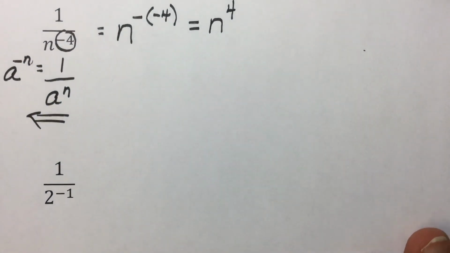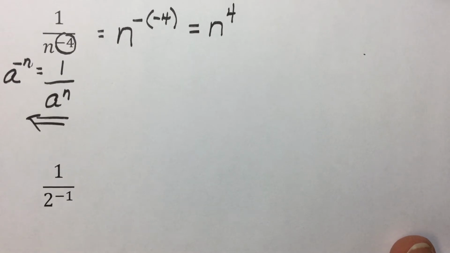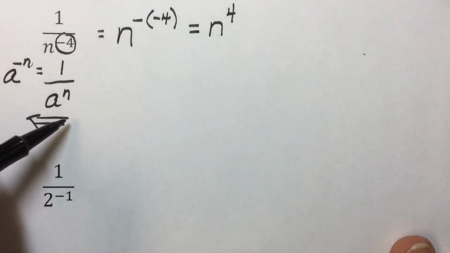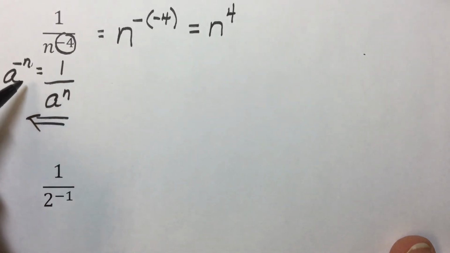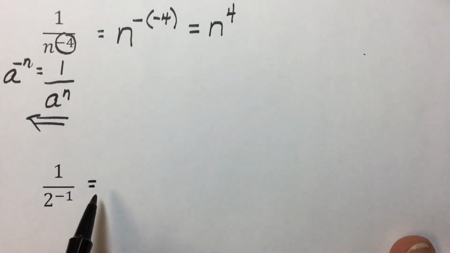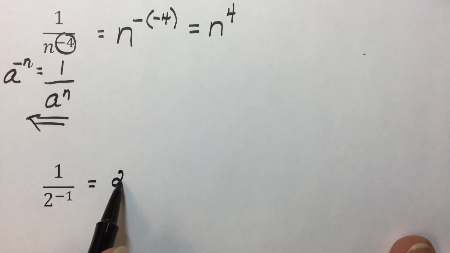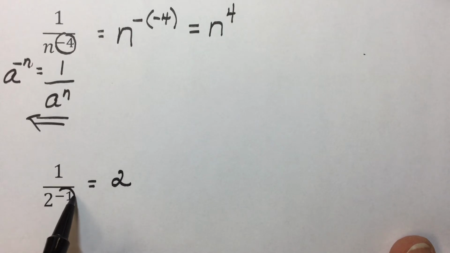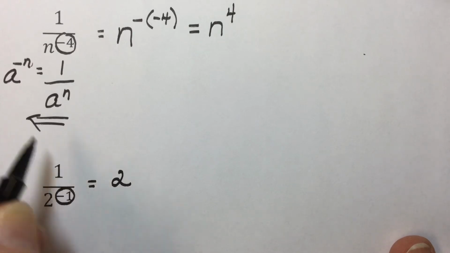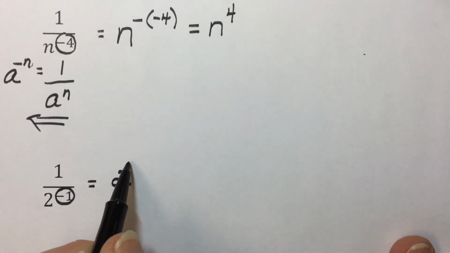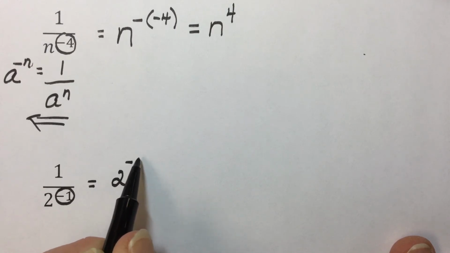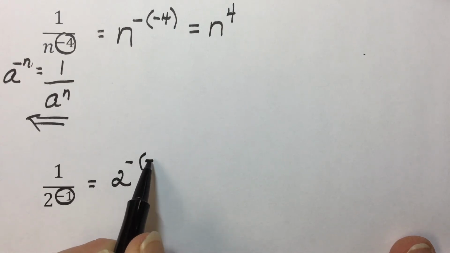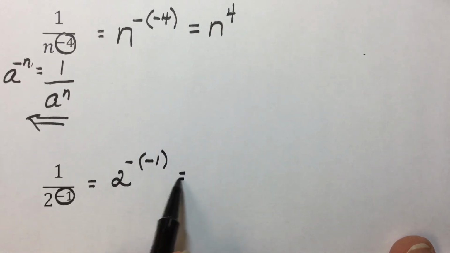One more example, similar to the last one. I'm going from the fraction form to a quantity that has that base in the numerator. I'm taking that power and putting it with that base, the opposite exponential power of it.